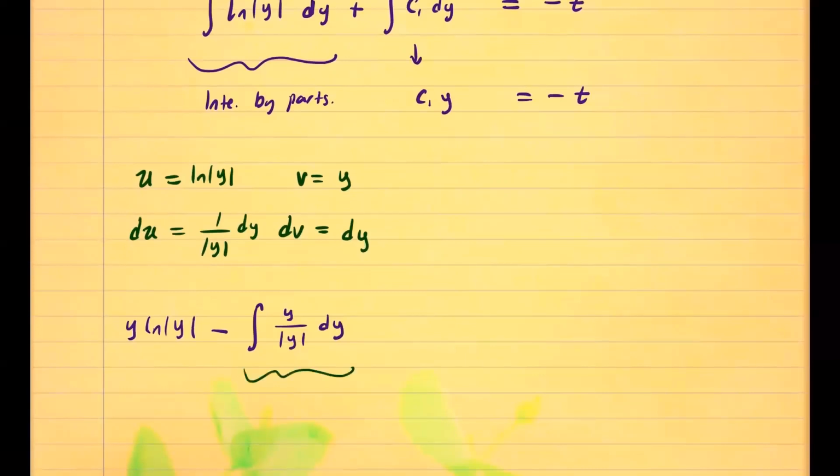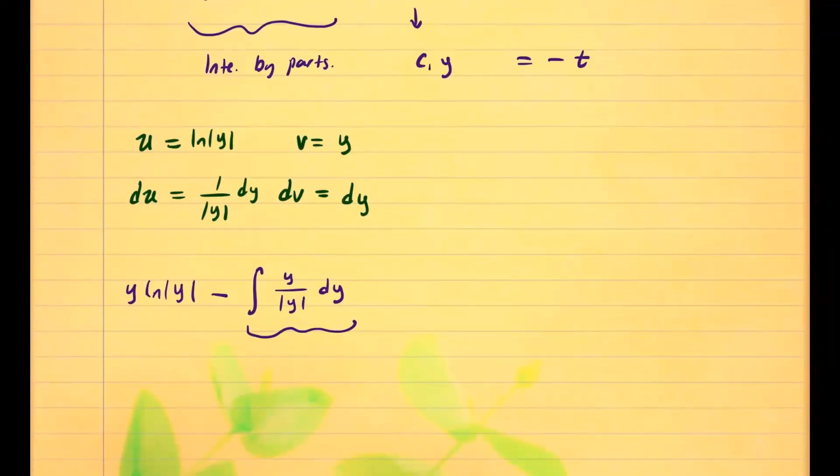Again, you can break it up into two cases: if y is positive, if y is negative. If you assume y is positive, then this integral would become negative the integral of y over y dy, which is really negative the integral of 1 dy, because y over y will simplify, equals negative y. Holding on to my constant.